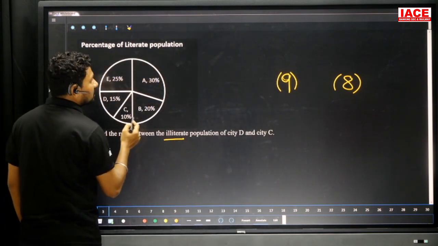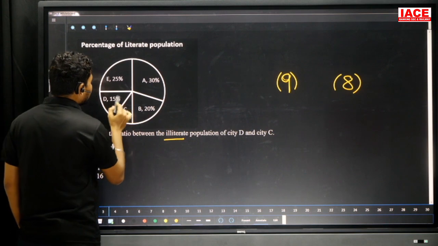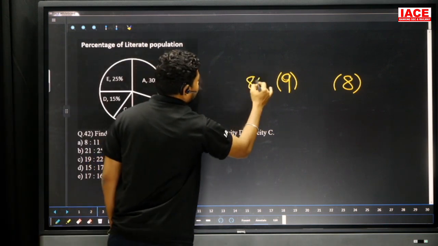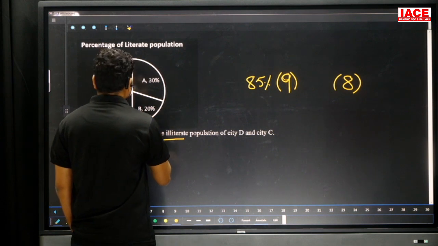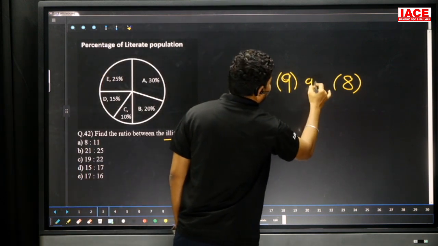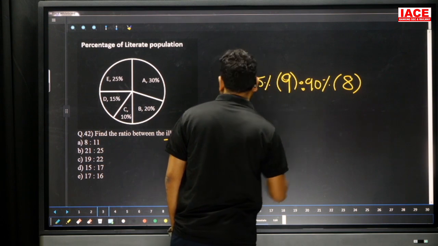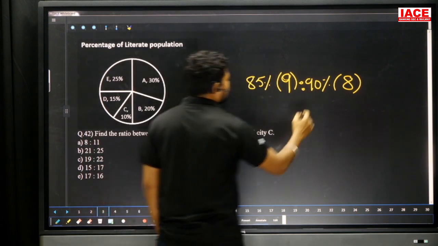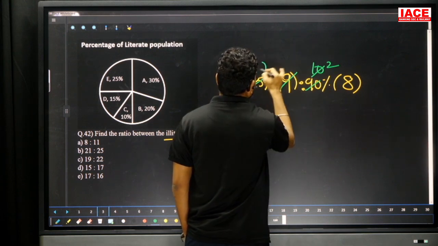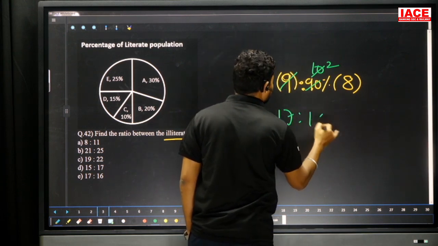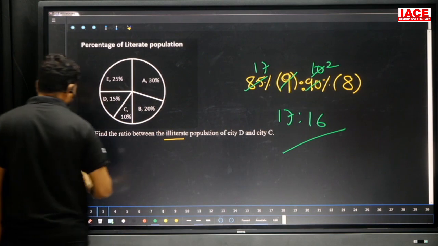In D, 15% is literate, so 85% is illiterate, and in C, 10% is literate, so 90% is illiterate. We calculate the values to get the answer. 9 tens are 90 and 5 twos are... 85 17s are... then 17 is to 16. Our final answer is 17 is to 16.